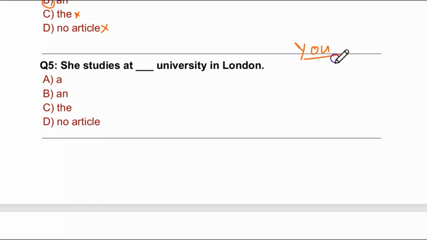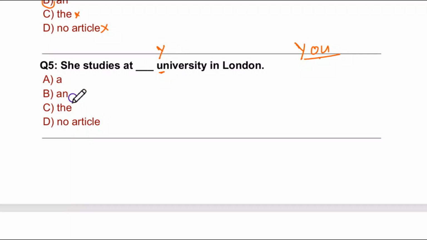The sound is U. Although the word begins with a vowel, this vowel is pronounced like U, so it has a consonant sound.